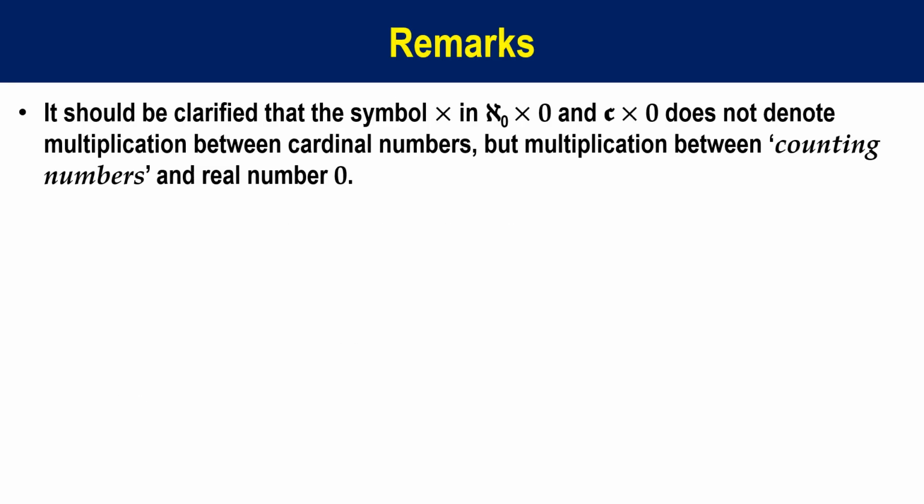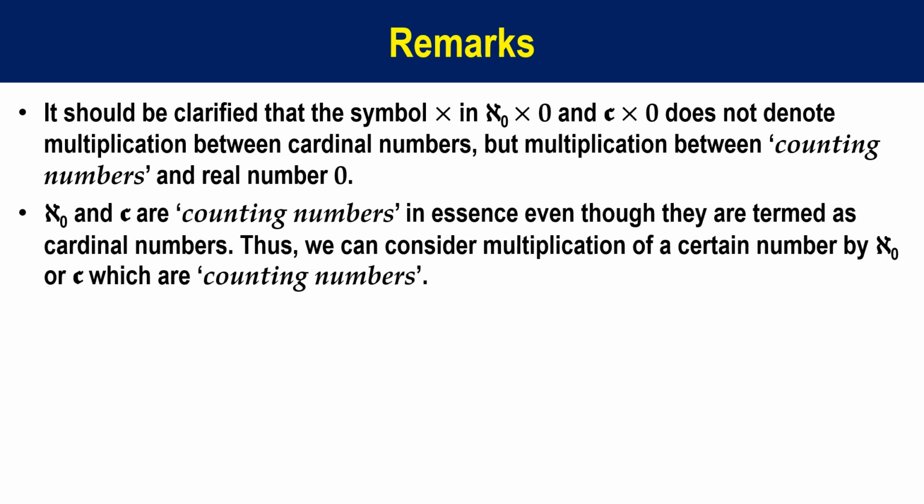It should be clarified that the multiplication symbol in Aleph null multiplied by 0 and C multiplied by 0 does not denote multiplication between cardinal numbers, but multiplication between counting numbers and real number 0. Aleph null and C are counting numbers in essence, even though they are termed as cardinal numbers.